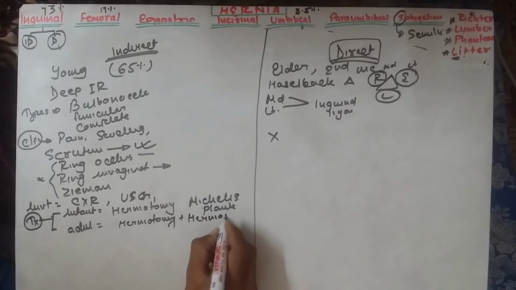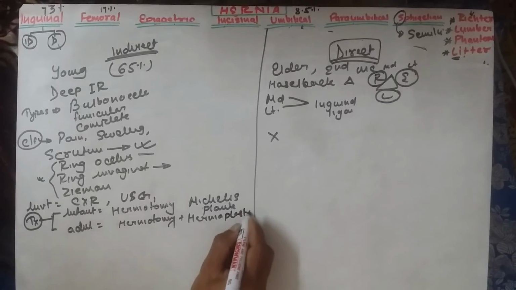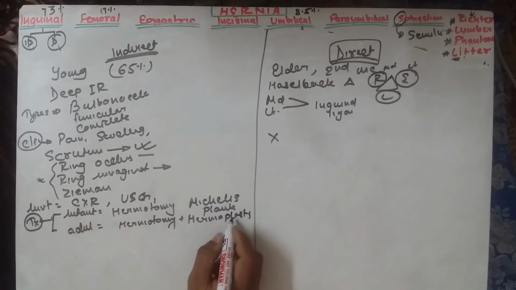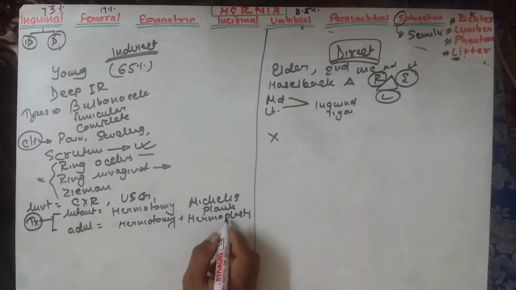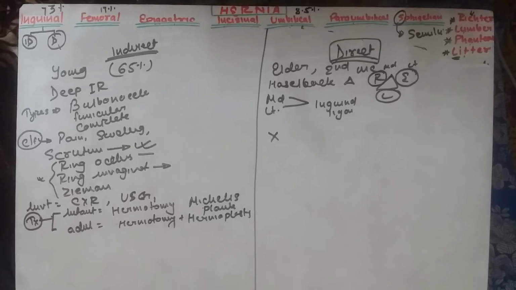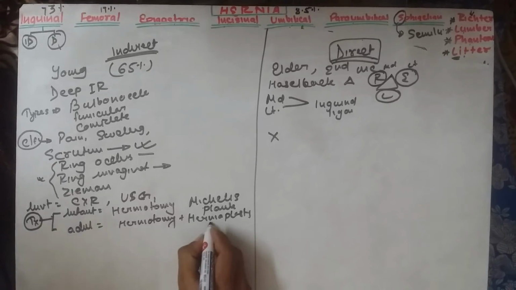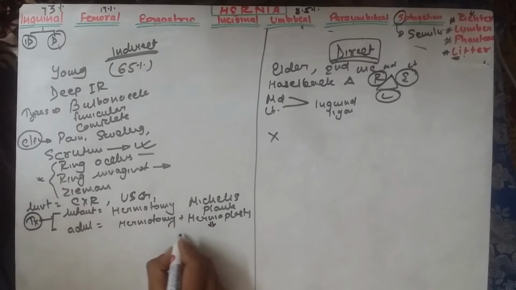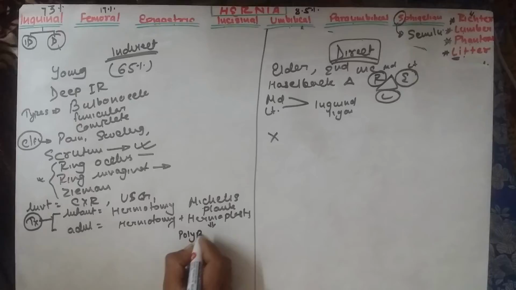And there are different methods of hernioplasty, that is the repair of the hernia. Hernioplasty is usually done with the help of a mesh made of polypropylene.